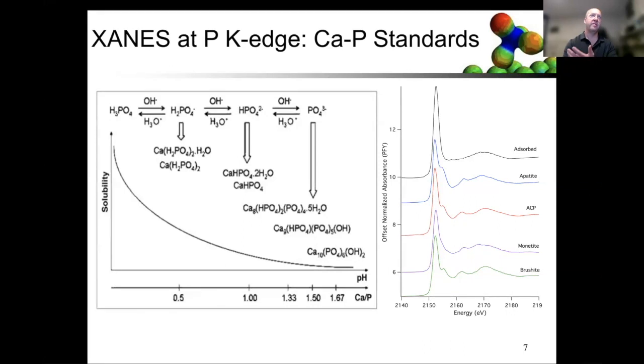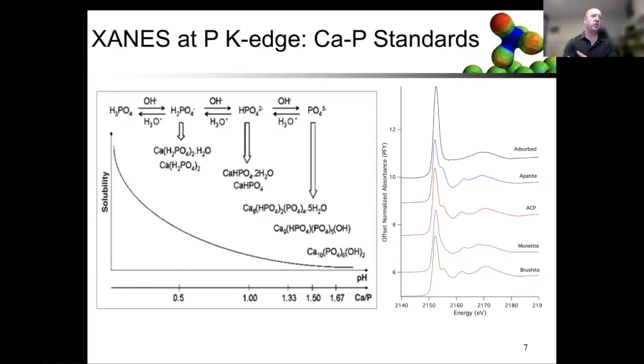And that runs the gamut from fairly poorly crystalline, fairly soluble phases like dicalcium phosphate dihydrate or dicalcium phosphate anhydrous, to poorly crystalline but apatite-structured amorphous calcium phosphate, to things that are not very soluble at all, like hydroxylapatite.